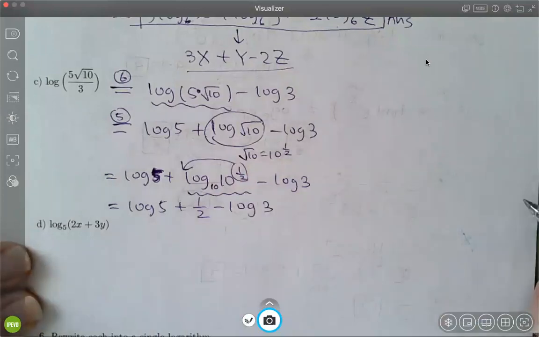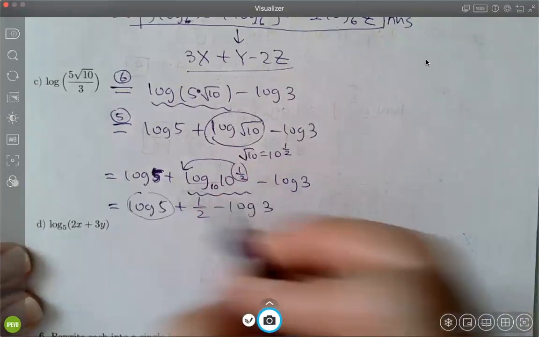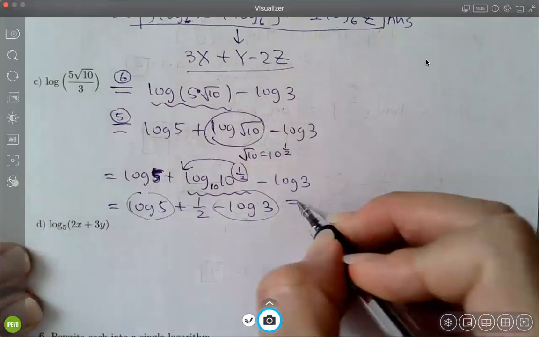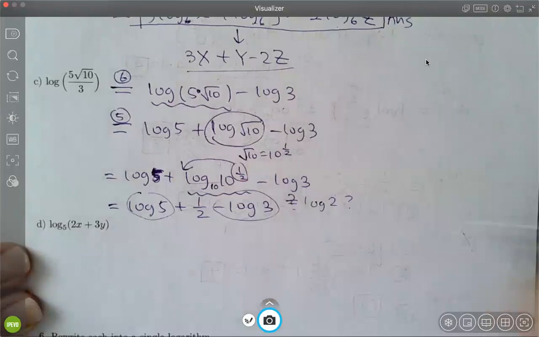And now are we done? It's kind of a tricky question. And why? Because log 5 minus log 3, is that equal to log 2? Let's verify.